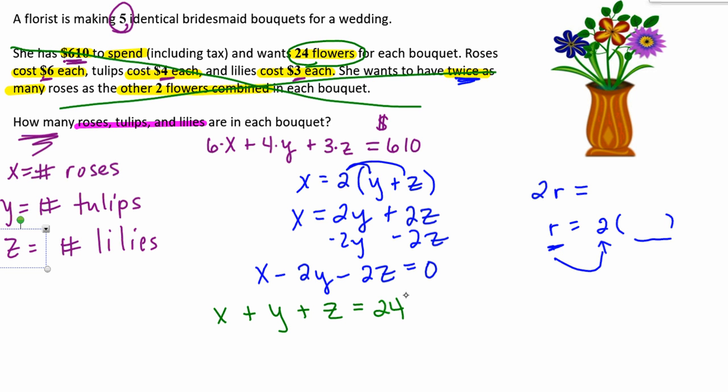Probably not, right? Let's pretend we had 20 roses, 3 tulips, and 1 lily. Stargazer lilies are my favorite, by the way. That would be, money-wise, $120, $12, and $3. That's nowhere near 610. So I'm missing something somewhere. So think about that for a minute and then move on to the next video.